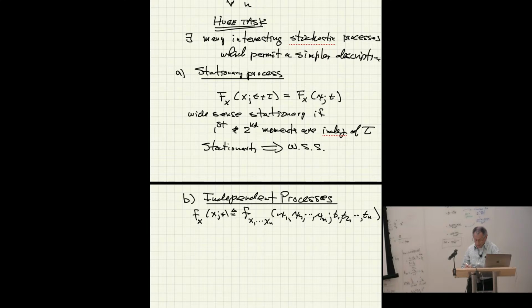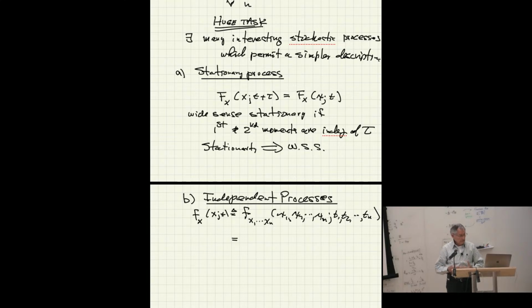That's what I mean by the shorthand f of x. And the independent process definition is that that is equal to, what do you think? The joint density of n of these is the product of each.